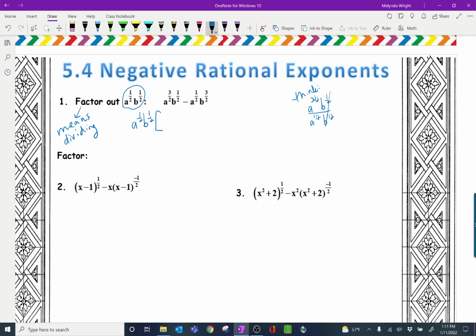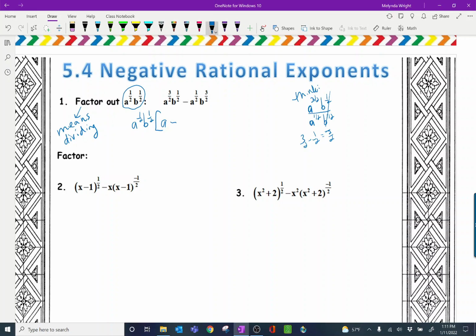And if you recall, when we are dividing terms that have the same base, this has an a and this has an a, we would subtract the exponents. So 3/2 minus 1/2 would give us 2/2, which is 1. So this would give us a to the first power, which we don't have to write, so minus.